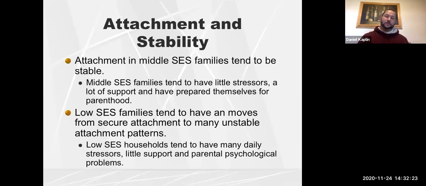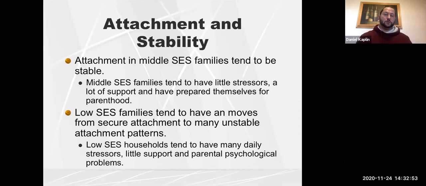So attachment and stability. We talked about temperament and stability. Is attachment stable? Well, in middle-class and upper-class families, attachment tends to be relatively stable because middle-class families tend to have fewer stressors and a lot of support, so that attachment tends to stay the same.